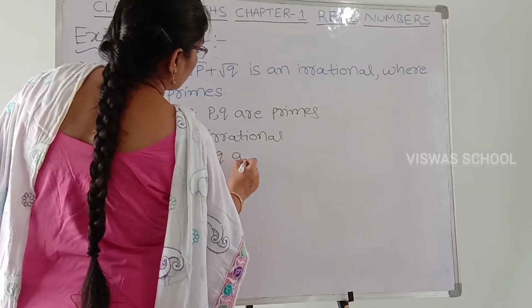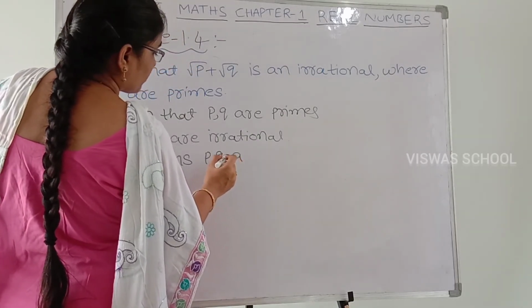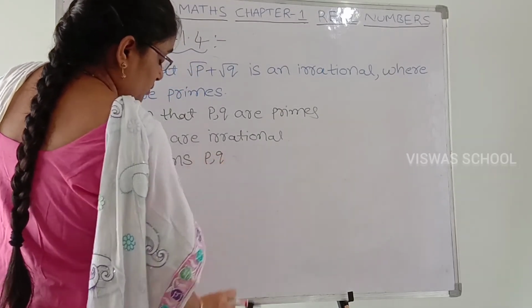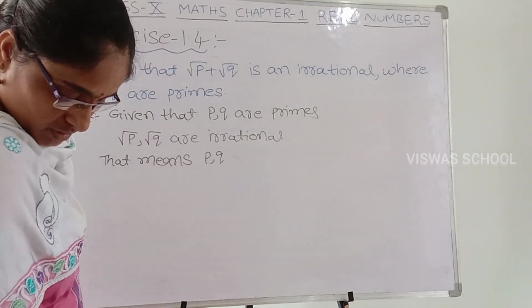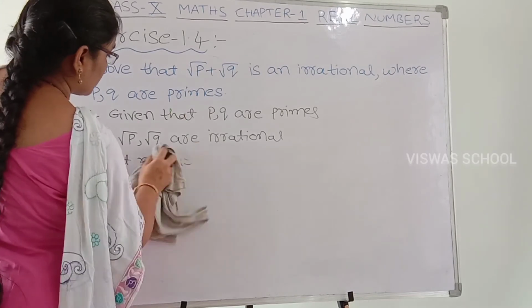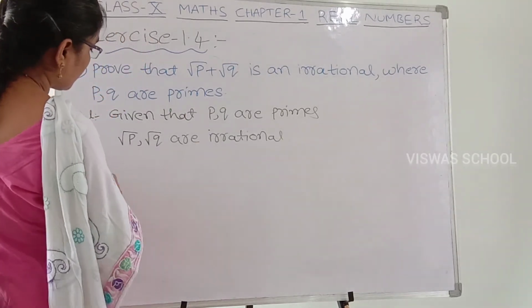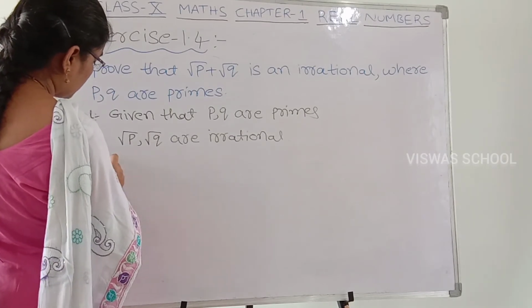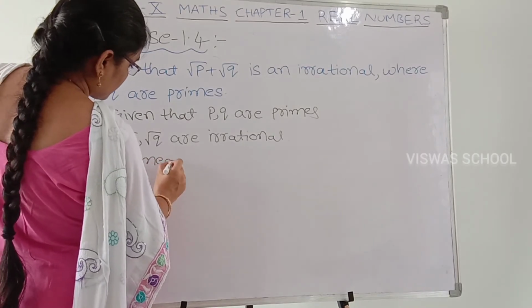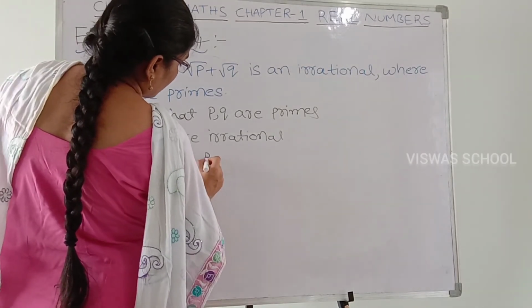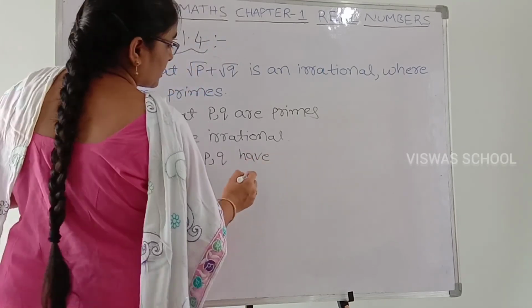That means P and Q have no factors other than 1.